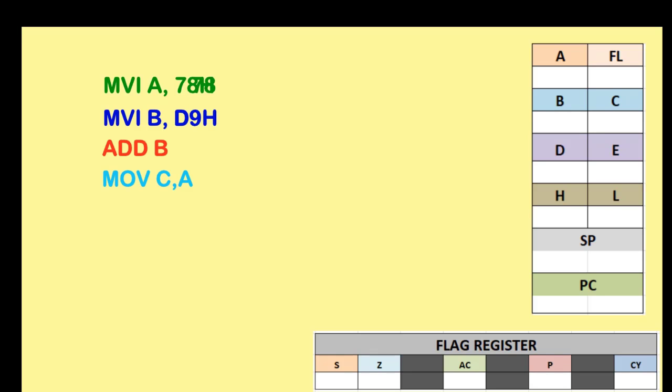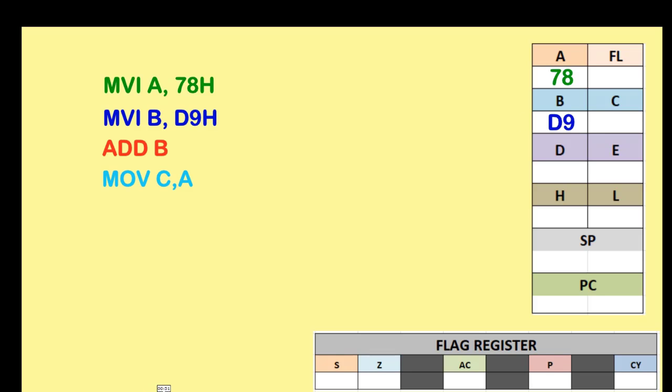The very first instruction, MVI A, will transfer the content 78 into register A. Then we see the second instruction, MVI B, which will store the data D9H in register B. D9 is also data, and then the contents of the two registers are added.